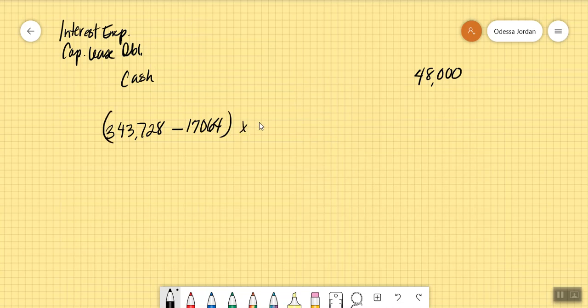And then we want to multiply that by the 9%. So that gives us 29,400. So that is your interest expense, which means the rest of it goes towards your lease. And that's usually how it goes.